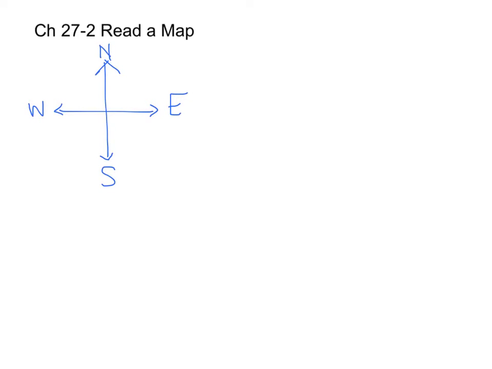Okay, and the way that I remember this, and you guys might remember it different ways, and there's many different ways that you can make this up, but I always remember it as never eat slimy worms, or a lot of people do never eat soggy waffles. Okay, so the N in never represents north. The E in eat represents east.